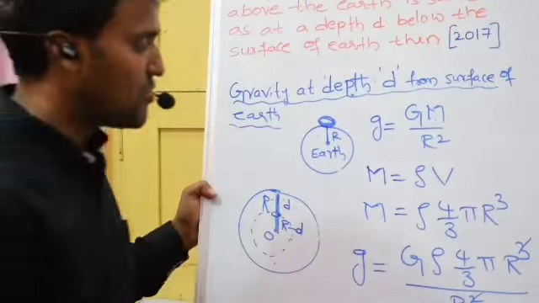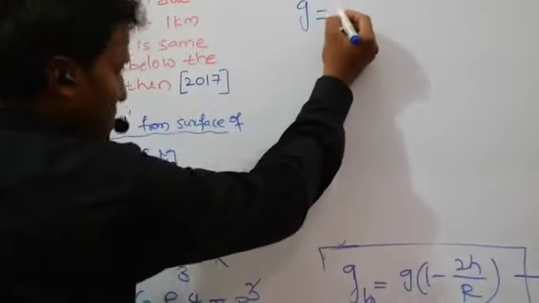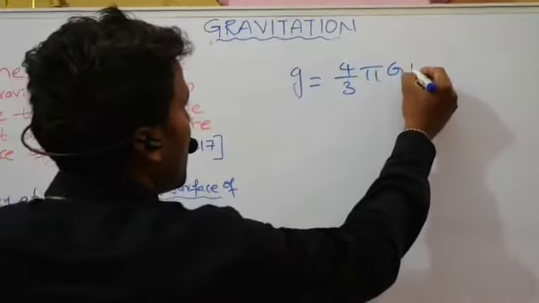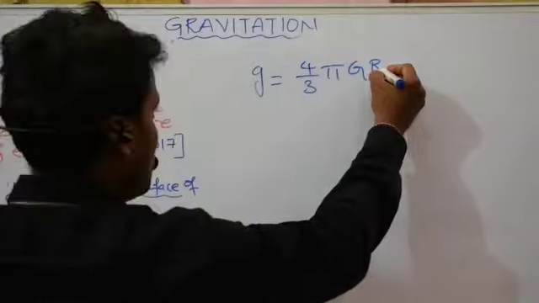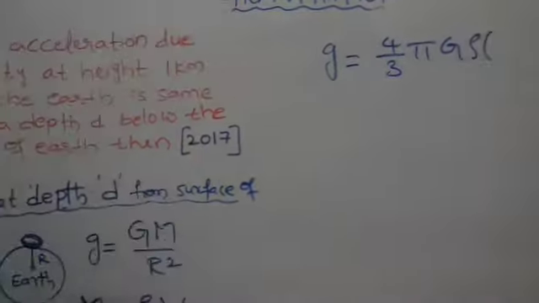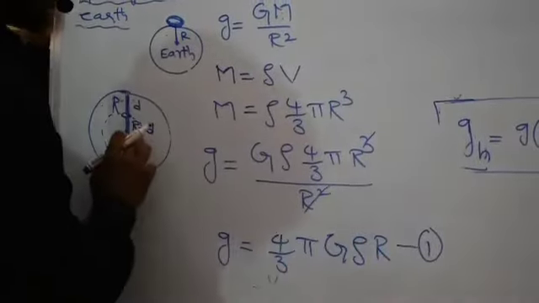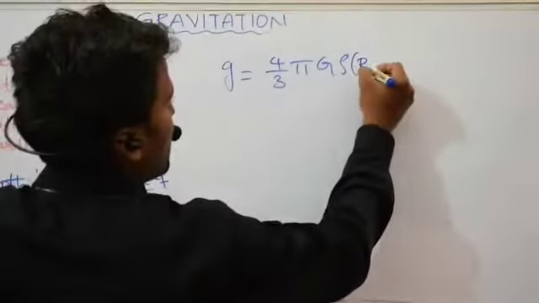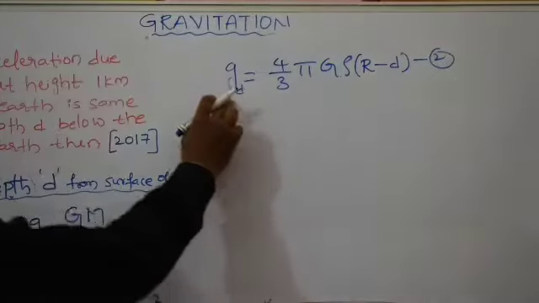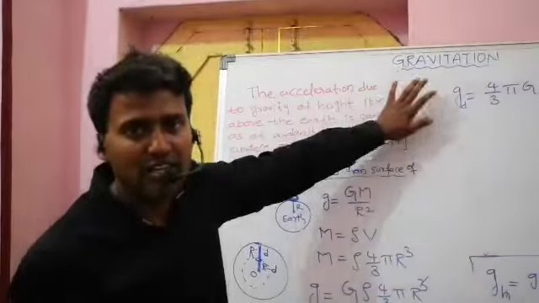So from equation 1 you can write g is equal to 4 by 3 pi G rho into, instead of the distance r here we have to write r minus d. It is equation number 2. Gravity at a depth d.